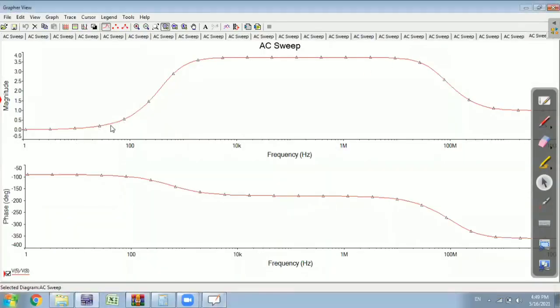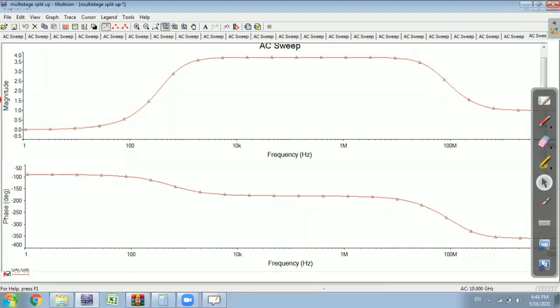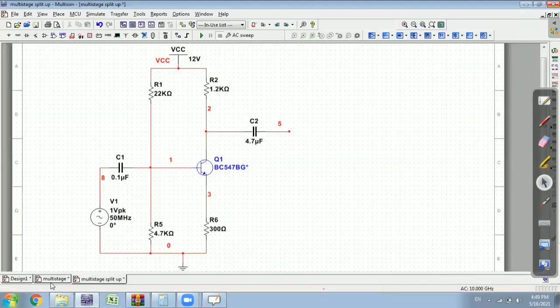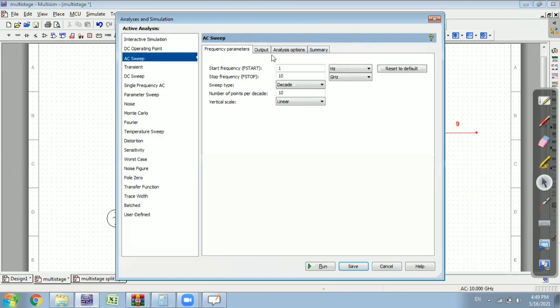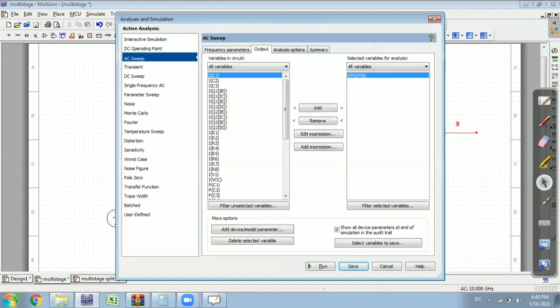This is all about single stage. Next, multi-stage amplifier. Okay. For multi-stage amplifier, my output is at V9, input is V8. So V9 divided by V8 will be my expression. Go for AC sweep. Here it is V9 divided by V8.